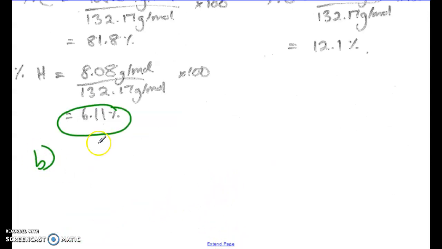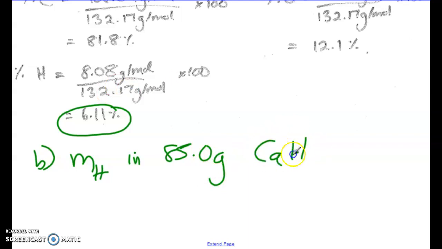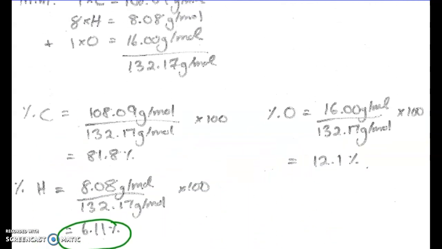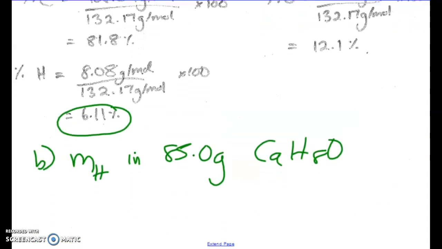Okay, so we want to know the mass of hydrogen in 85.0 grams of cinnamon aldehyde. Right, that's the number used. Oh no, I said 82. Good thing I checked. Okay, 82 grams.